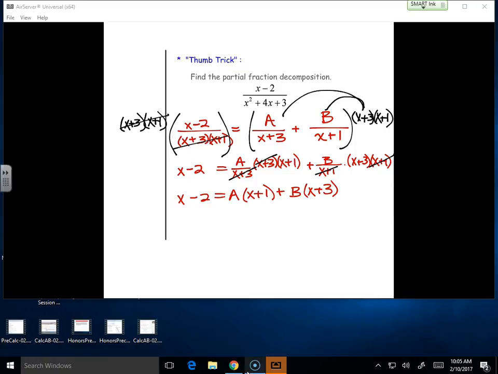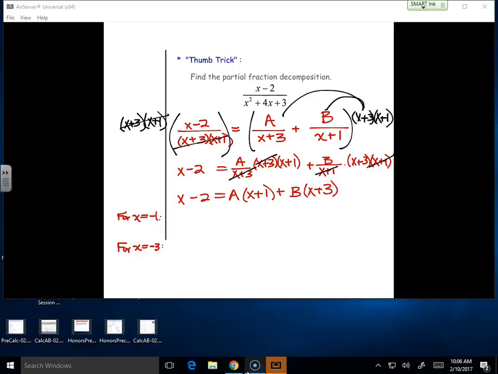A strategic x value to plug in would be when x equals -1 and when x equals -3. Now, I just chose 2 very strategic x values. We're not going to talk about it. We're going to actually do it, and then you guys maybe can tell me why they were strategic. Good strategic as opposed to bad strategic.